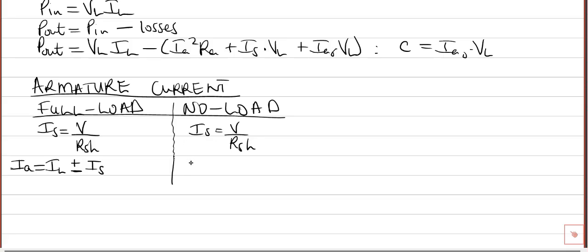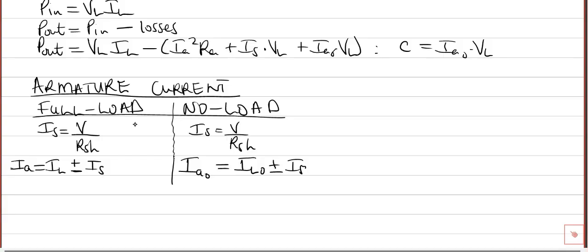On the no load, you are saying IAO equals ILO plus or minus I shunt. So the formulas at full load and no load are the same, except for the one on no load, we just add that 0 or O down there.